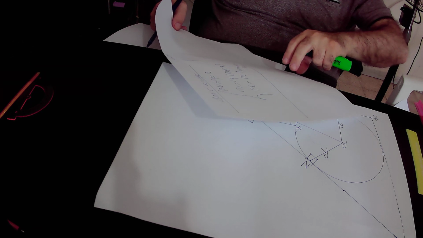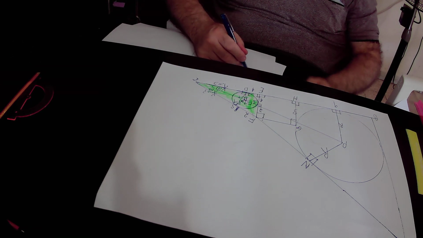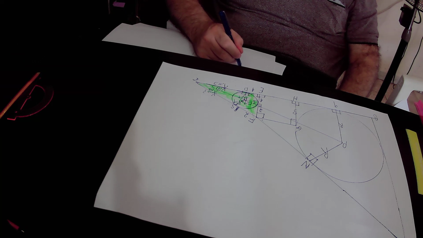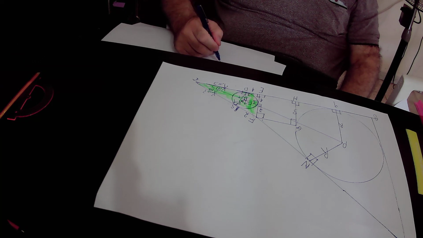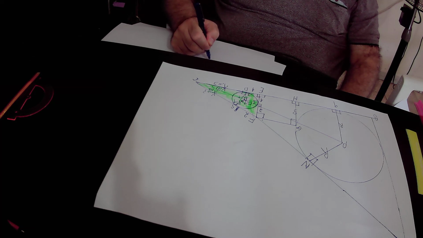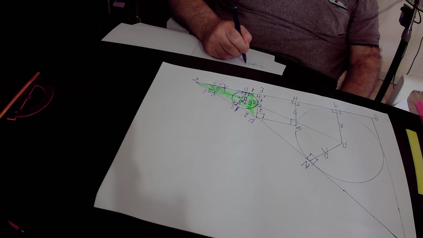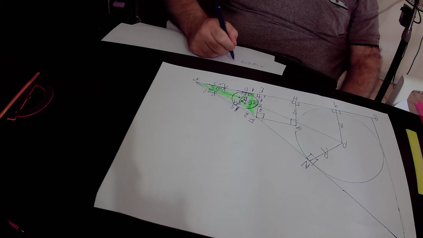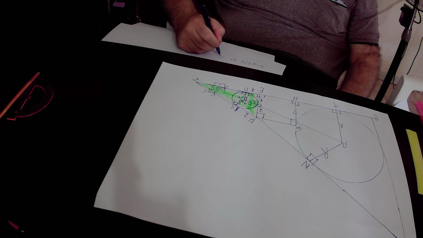I'll write it down. Triangle PNC is congruent to triangle PQC according to side rule.